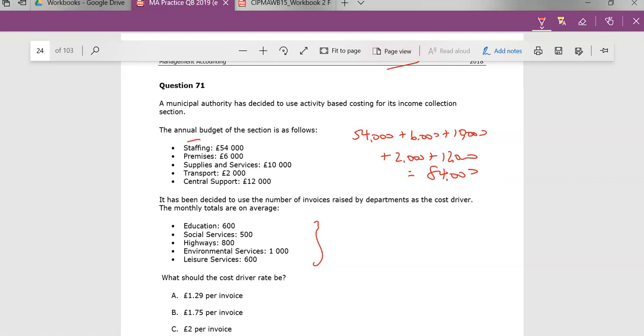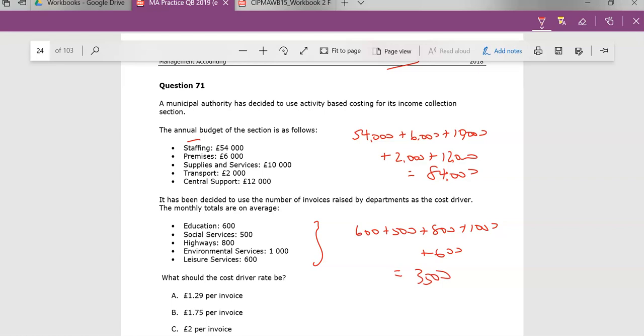And then add all these together. 600 plus 500 plus 800 plus 1,000 plus 600 is 3,500.